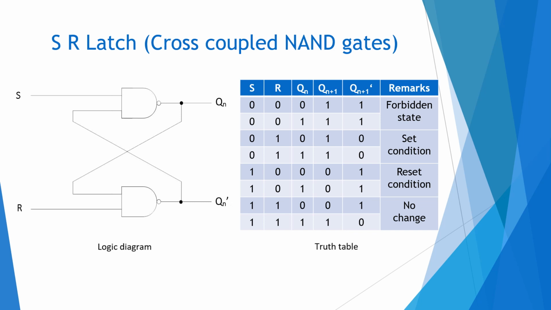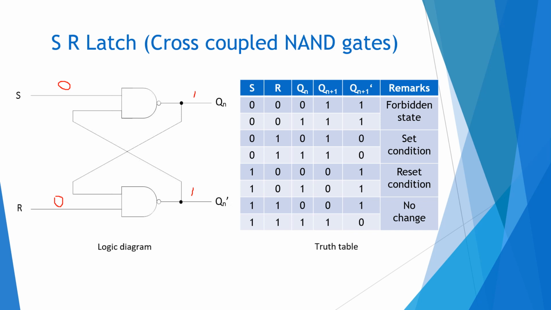So if we have 0 here and 0 here, this is a NAND gate. When one of the inputs is 0, the output is essentially 1. So here we have QN equal to 1 and QN bar is also equal to 1. So this is a forbidden state in the NAND latch.